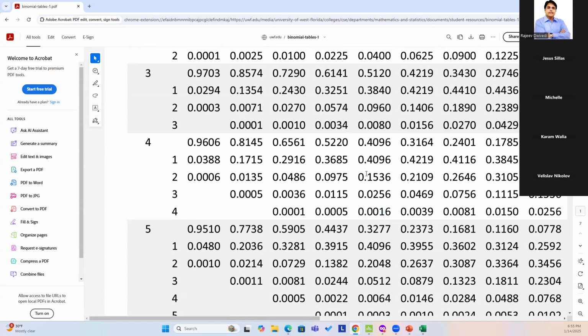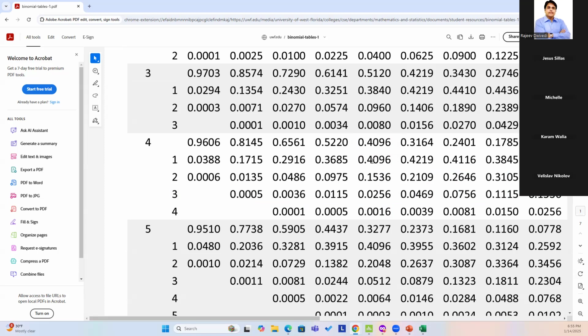You add all three, 15% plus 2.5%, so basically 18 plus some percent. More than 2 means this plus this plus this. At least 2 means 2, 3, 4, whatever is on the higher side. If the question is asking for less than 2, what is the probability that less than 2 are insured? Less than 2 means 0 plus 1.